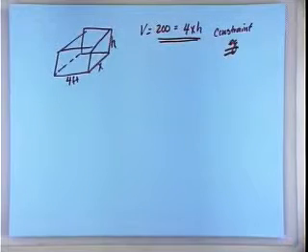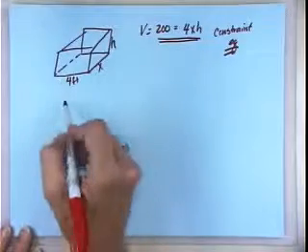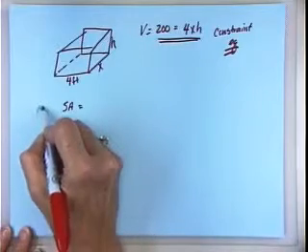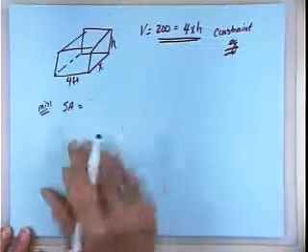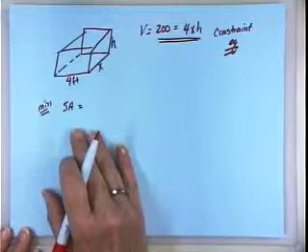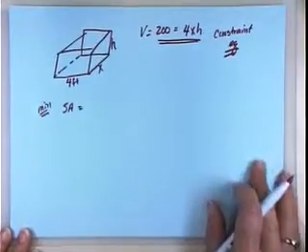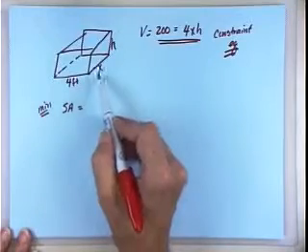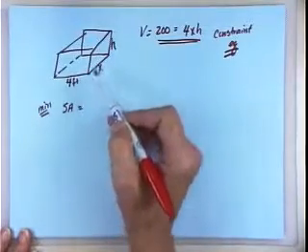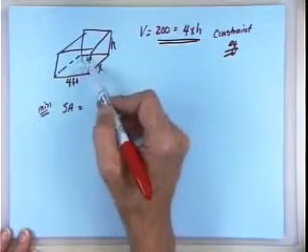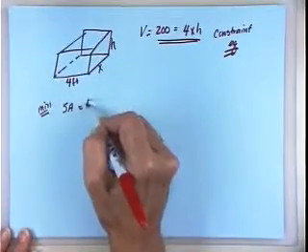Now what we want to do is minimize the amount of materials. So we need to work on the surface area. And remember, this is what we need to minimize. So we need to get a formula all in terms of one variable and then take the derivative, set it equal to 0, etc. Surface area. This box is open. So what's the surface area of the bottom? 4x.